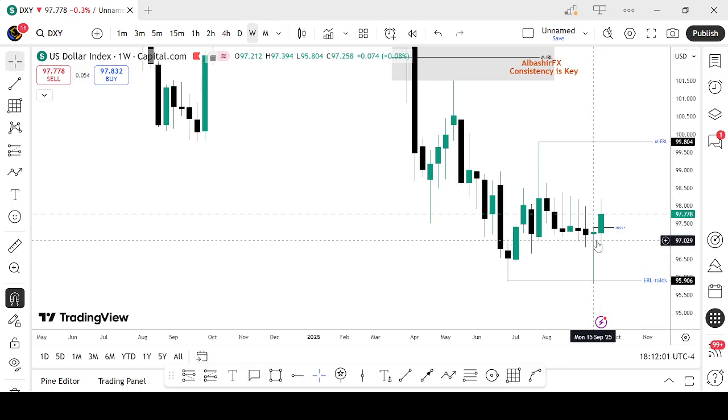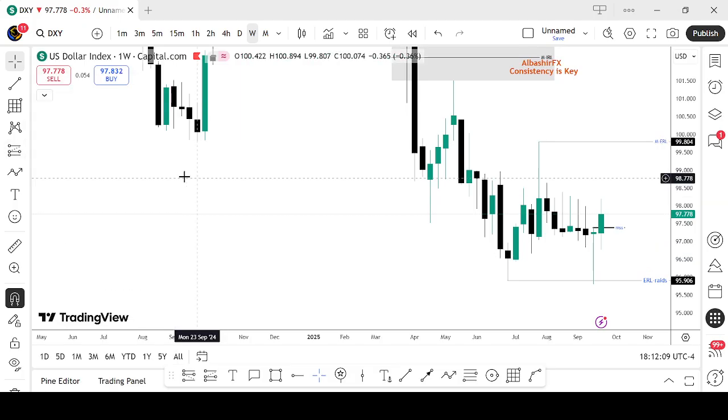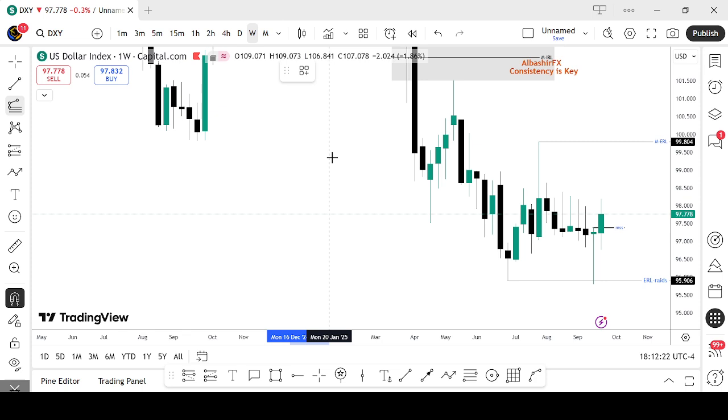And price did not go below that candle wick, and price remained above that candle wick.